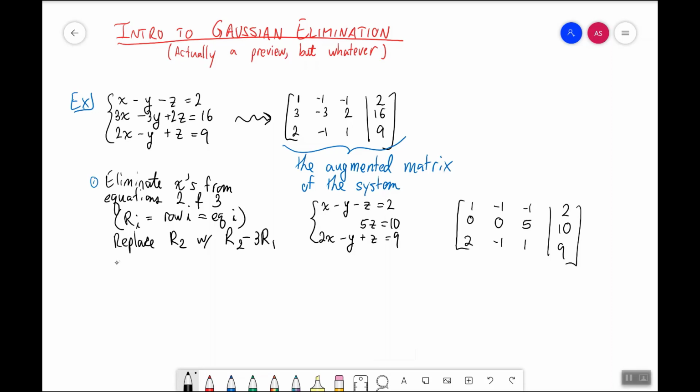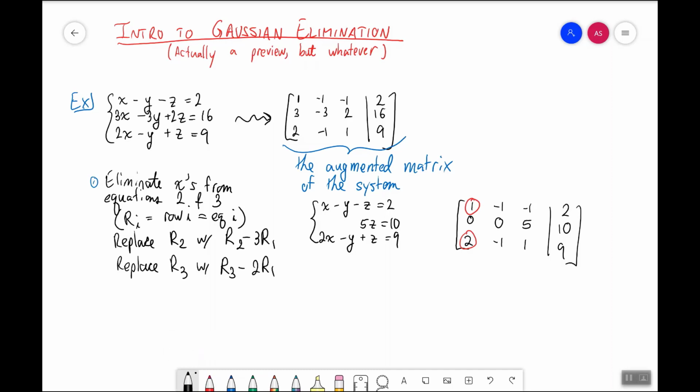My next step is to replace row 3 with row 3 minus 2 times row 1. That 2 is so that when I do 2 minus 2 times 1, I get 0.